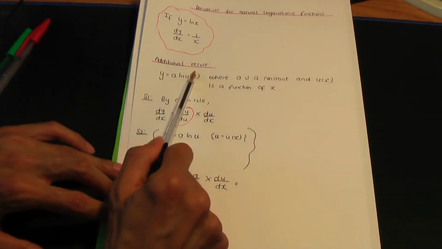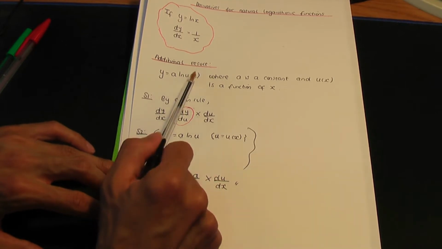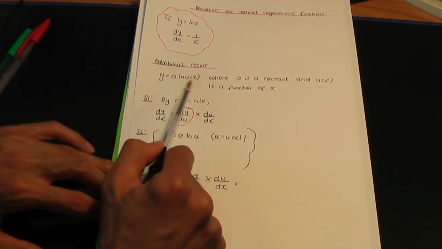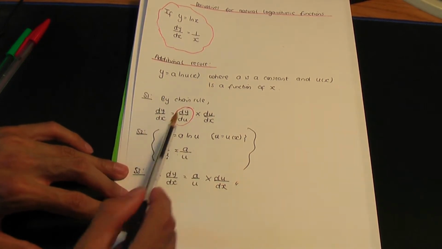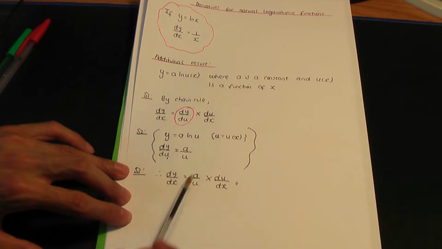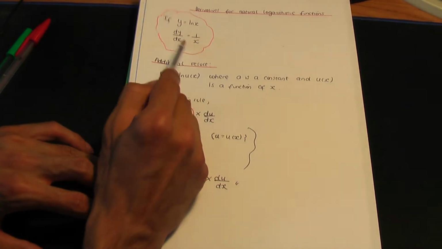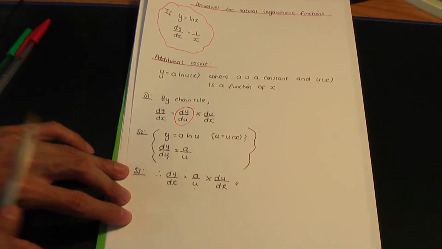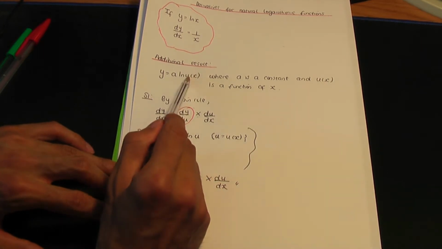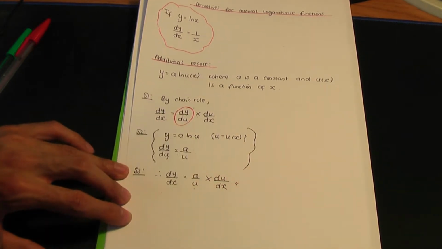So whatever u is, u comes from this term over here, so that you take as u. So remember, dy over dx is a over u, since a is a constant. That is based on the standard result, but you need to multiply by d by dx of u, and u is the term alongside the ln, okay?